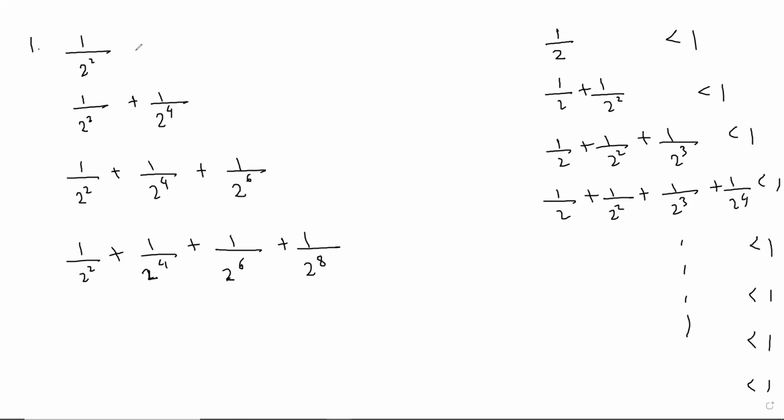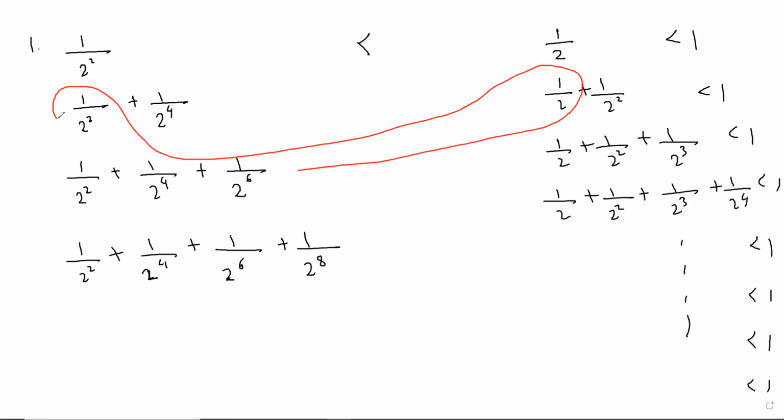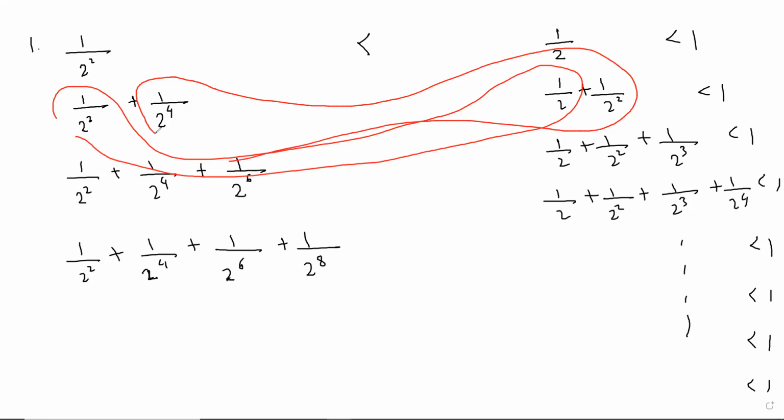That should be fairly clear, because as you can see, 1 by 2 square will certainly be less than 1 by 2. Similarly, if you take the next one, 1 by 2 to the 4 is less than 1 by 2 square.